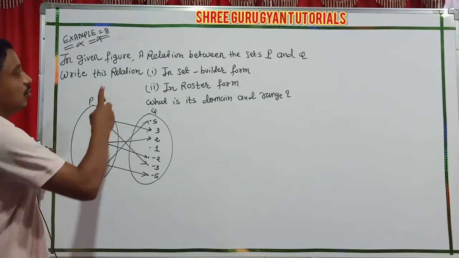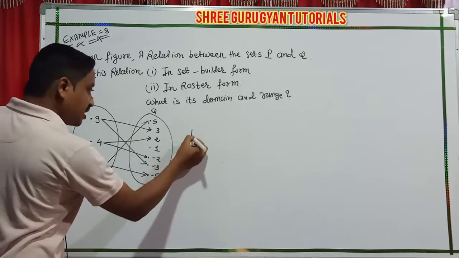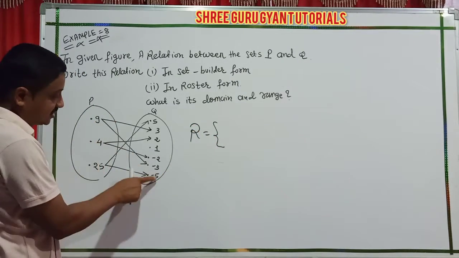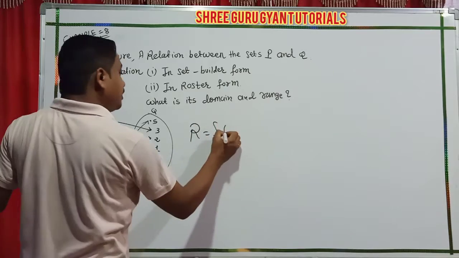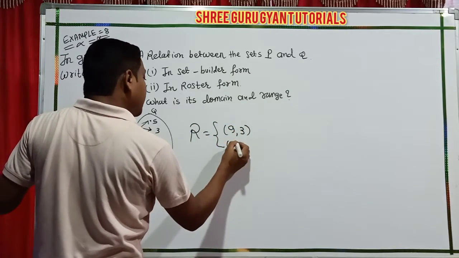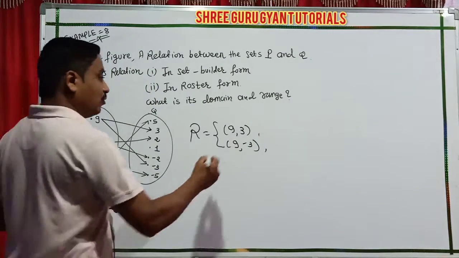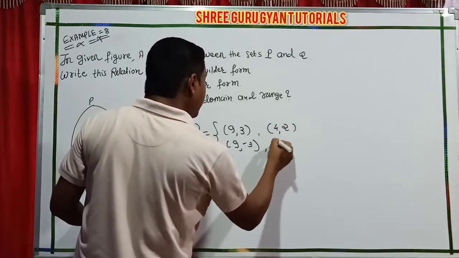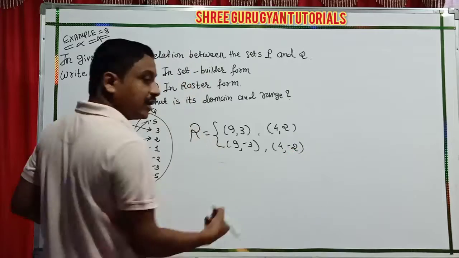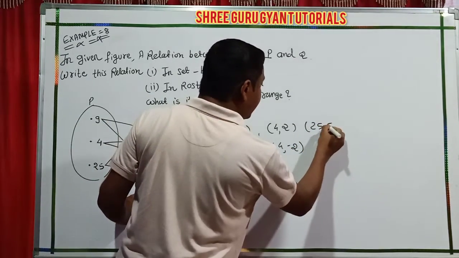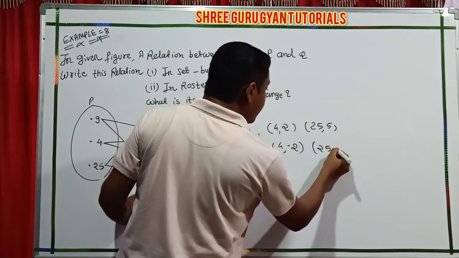Check what kind of relation it is. Yes, you put 9, you get answers minus 3 and 3. So here 9 with 3, 9 with minus 3. Same as if you put 4, then you get 2 and minus 2. And last, if you put 25, then you get 5 and also minus 5.